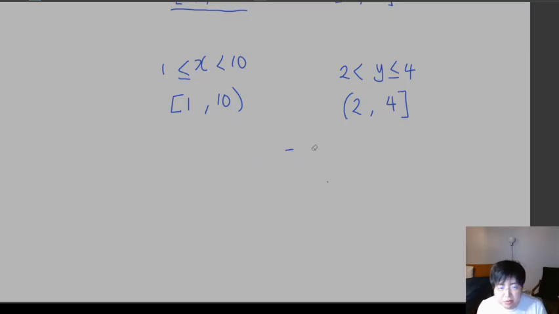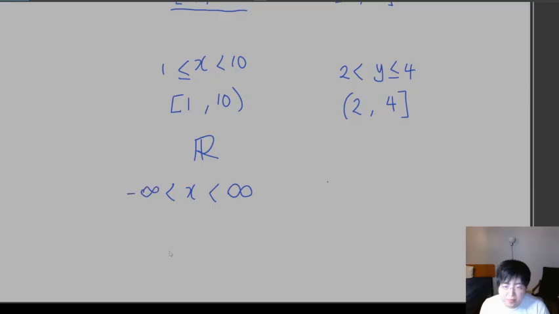There are many ways to write all real numbers. One fun way is to use set notation with R with an extra line. It means it's the set of all real numbers. Or you can use x is less than positive infinity and greater than negative infinity. This is one way some books use. Here you need to notice we don't include infinity, because infinity is not a fixed number.